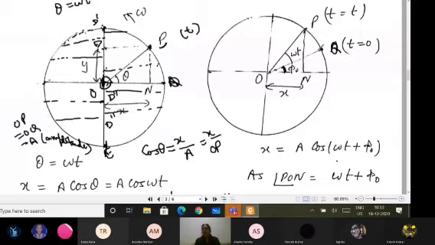Now the particle is moving. Just compare the things. Here it was initially t equals to 0 and here it was t equals to t. Now it is moving from Q to P in time small t, then the angle turned, theta, equals omega t.